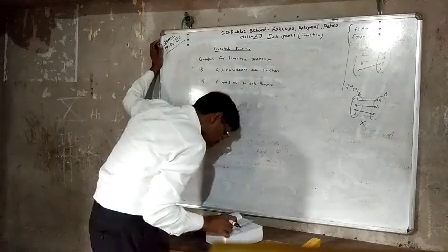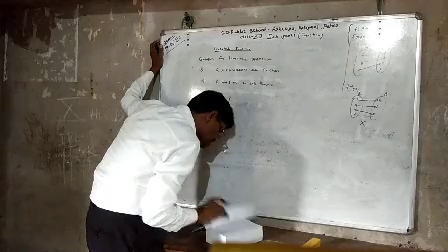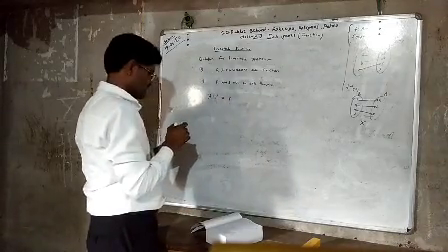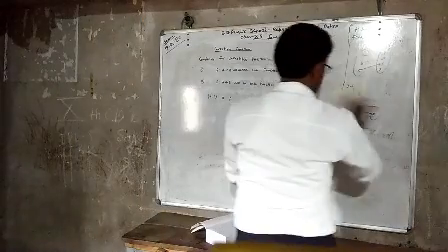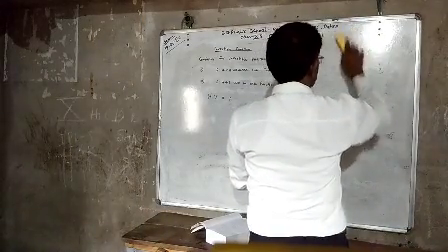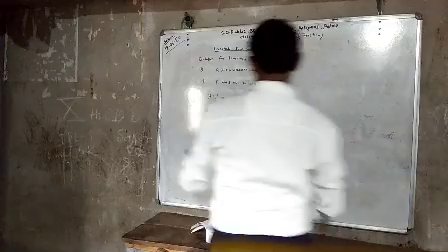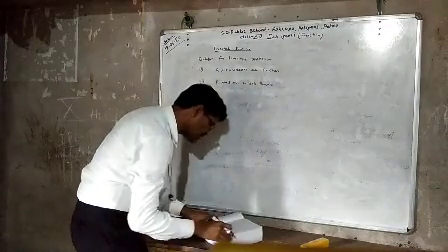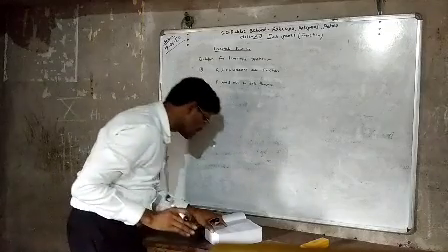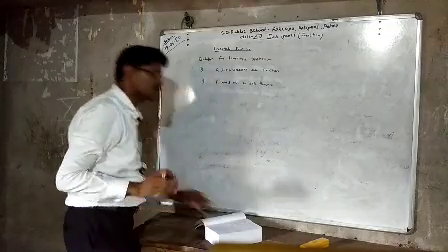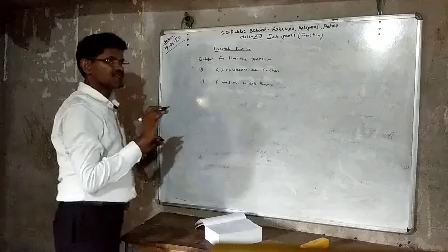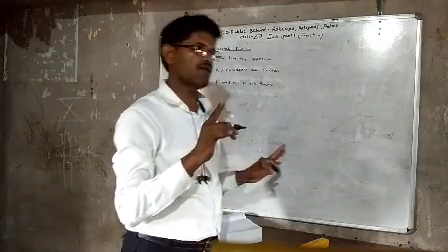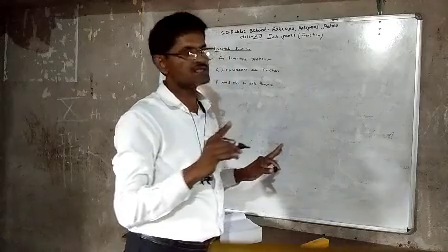Now we see some problems on the inverse function. In the paper example, we have to show that the function f(x) = 4x + 3 is invertible.